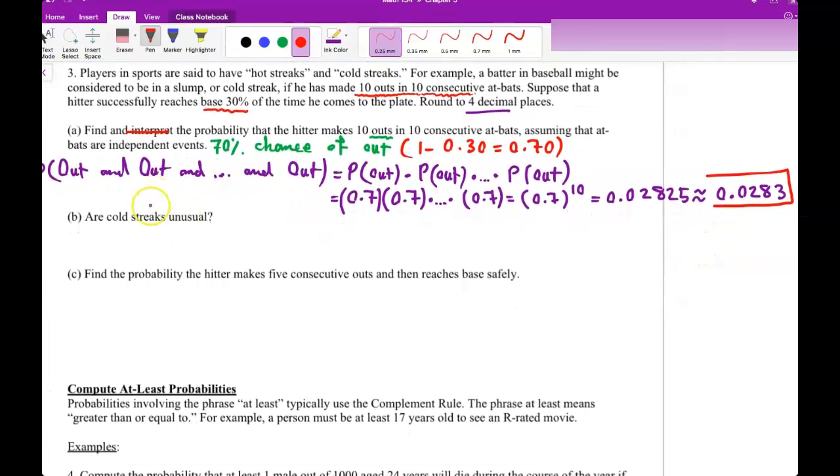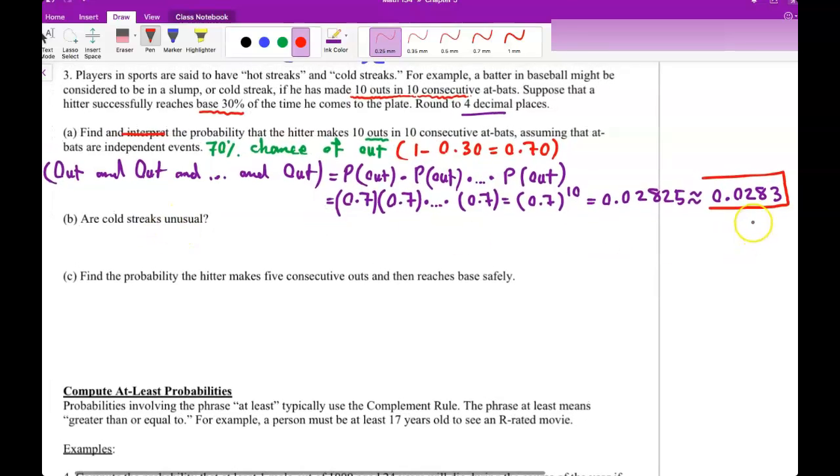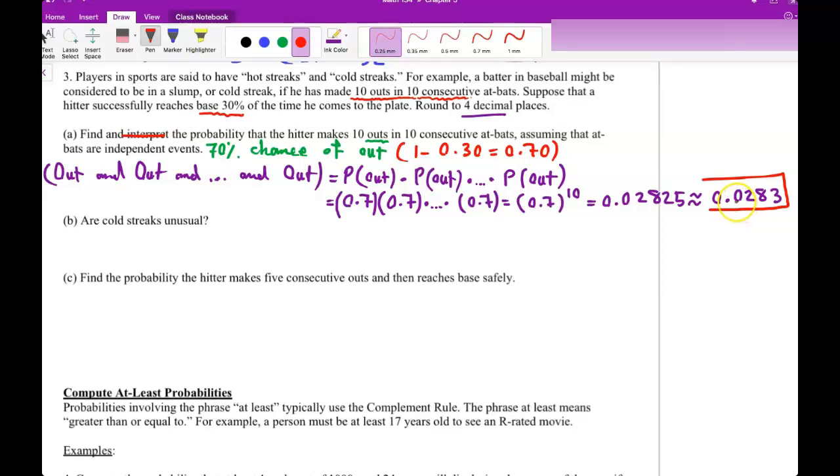Now part B: are cold streaks unusual? Remember, for unusual, you should compare whether that probability is less than 5%. If so, it is unusual.